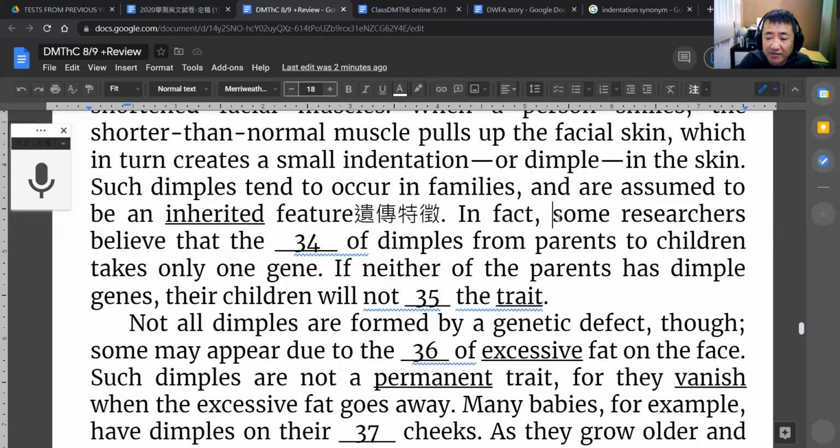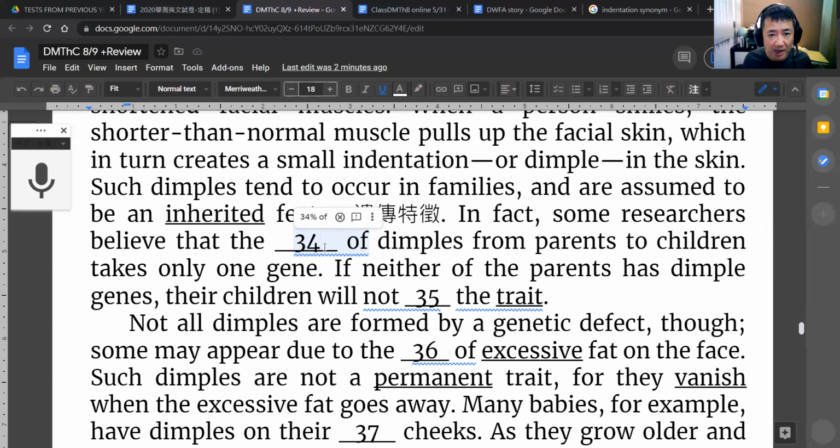So it says, in fact, some researchers believe that 什么 of dimples from parent to children, the giving of dimples from parent to children, the inheritance, right? So here I need some kind of word that means the passing on, right? The giving of dimples from parents to children.